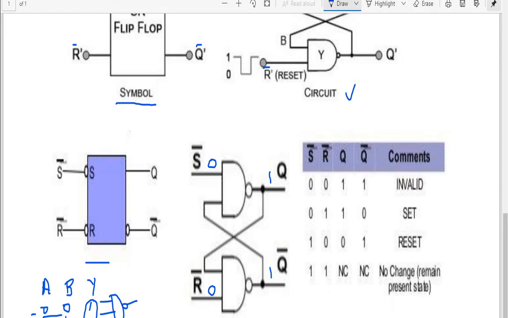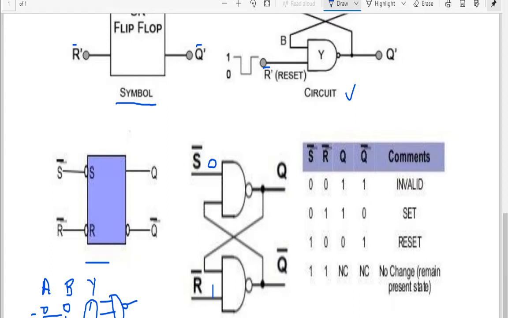Now, after understanding the first state where the inputs S bar and R bar are 0 0, let us understand the next input to the S and R bar. So in the next condition, S is 0 and R is 1. Here, as we know, when either of the inputs is low, the output is going to be high.